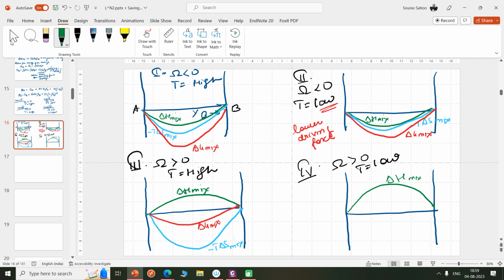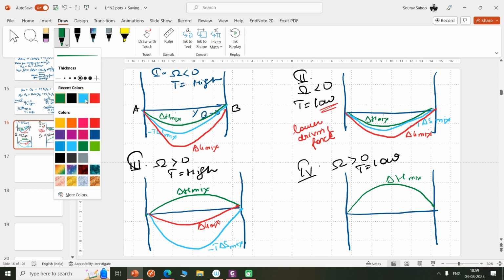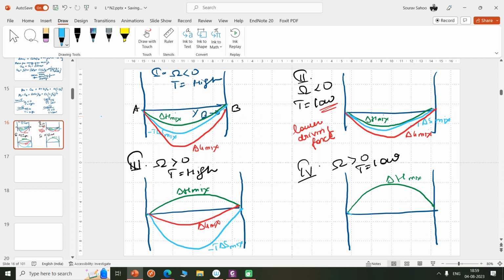And since my configuration entropy is not very strong here because the temperature is low, so let's say I have T delta S mix as like this. So you see initially I have not shown it here very clearly, but the slope of my T delta S mix graph will be very, very high, and the slope, as you have seen, of this is limited to omega only.